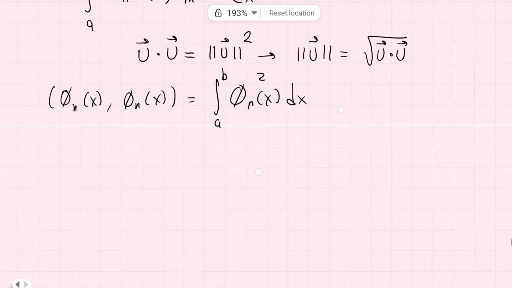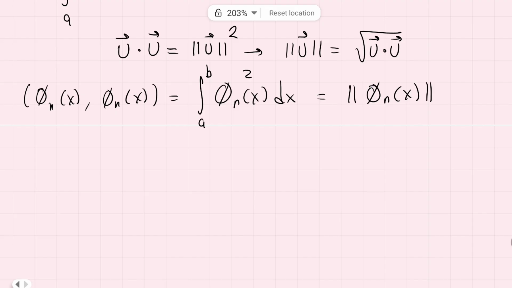And we are going to define this as the magnitude of the function phi n of x. Recall that this is a definition. We cannot say in a rigorous way that this is the magnitude of the function, but we are going to define it just to be similar to the definition in the context of vectors in R3.